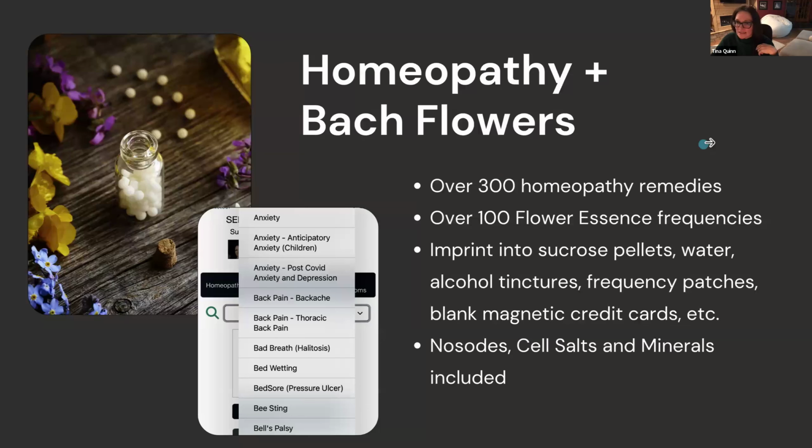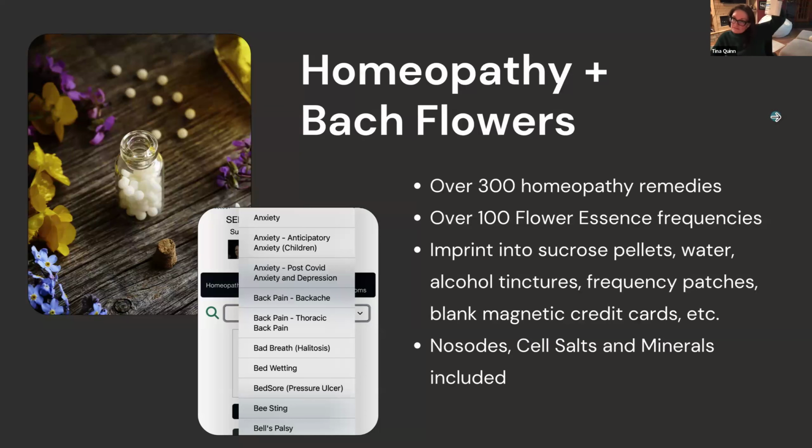Do you have anything else to add on this one, Julie? I don't think so. I love this section. I use it all the time. I really do. And I always do it by symptom. It's very rare that I'll actually know the homeopathic that I'm looking for. Yeah, no, it's a beautiful thing.